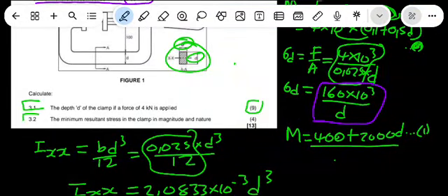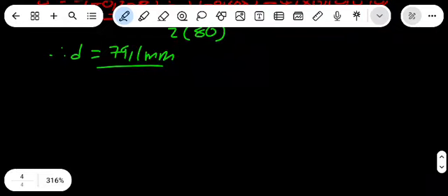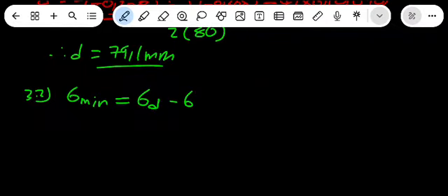Then we have 3.2, which says determine the minimum resultant stress in the clamp. Remember, the minimum resultant stress is simply equal to direct minus the bending.